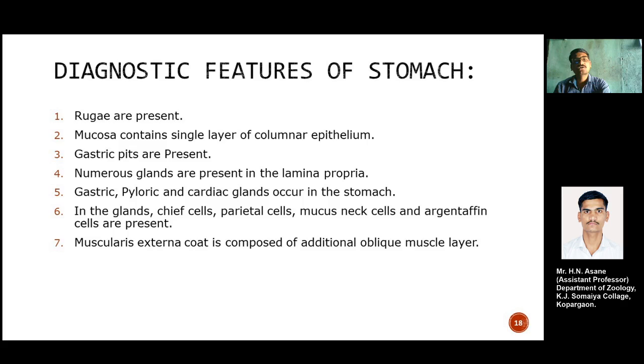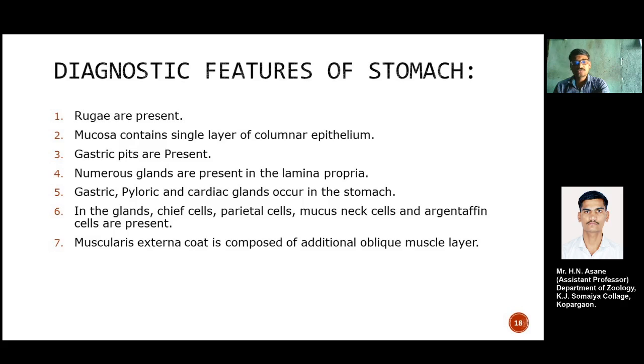They secrete mucus to protect from the acids secreted by the gastric pits. Then the muscularis externa coat is composed of additional oblique muscle layers. That muscularis externa is the outermost layer.